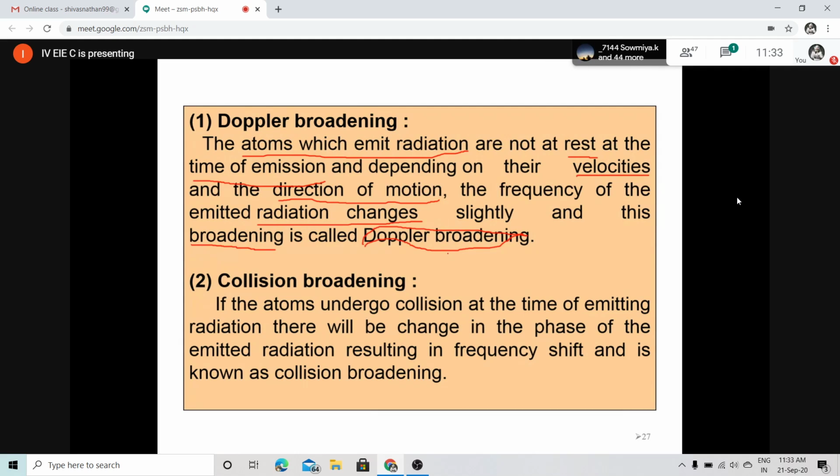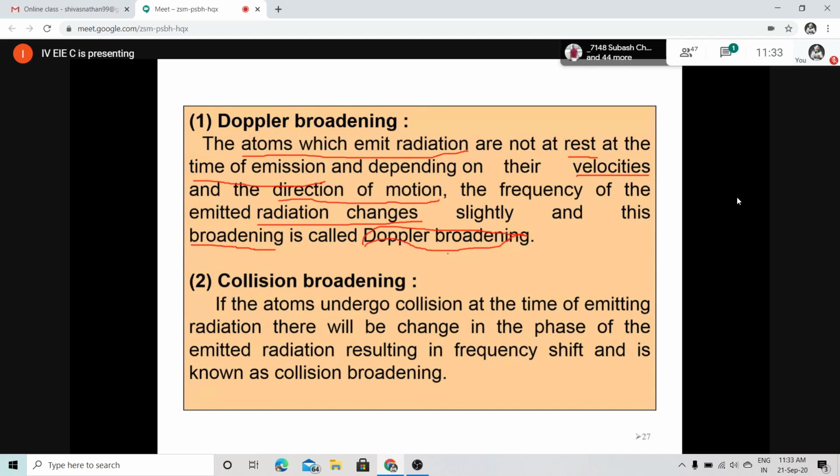Because of this, the frequency of the emitted radiation changes and slight broadening takes place. We call that Doppler broadening. So Doppler broadening is because of the velocities and direction of motion of the atoms which emit radiation.